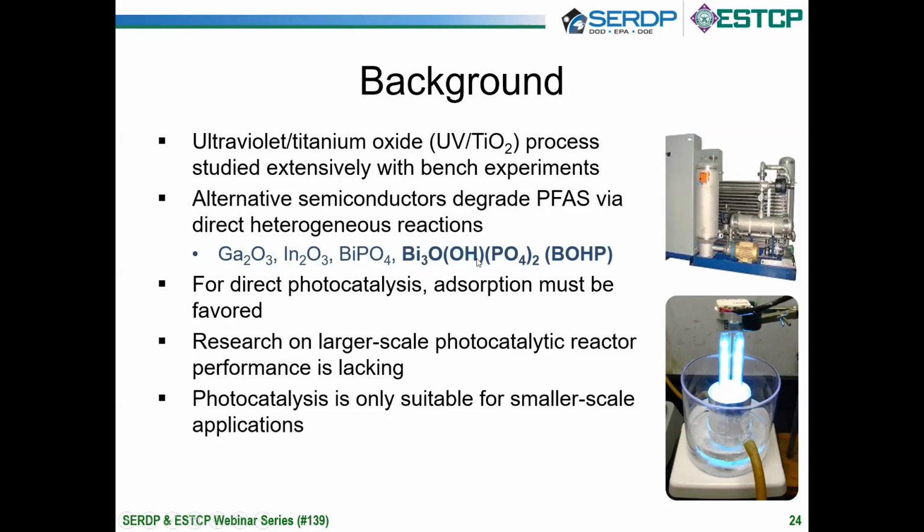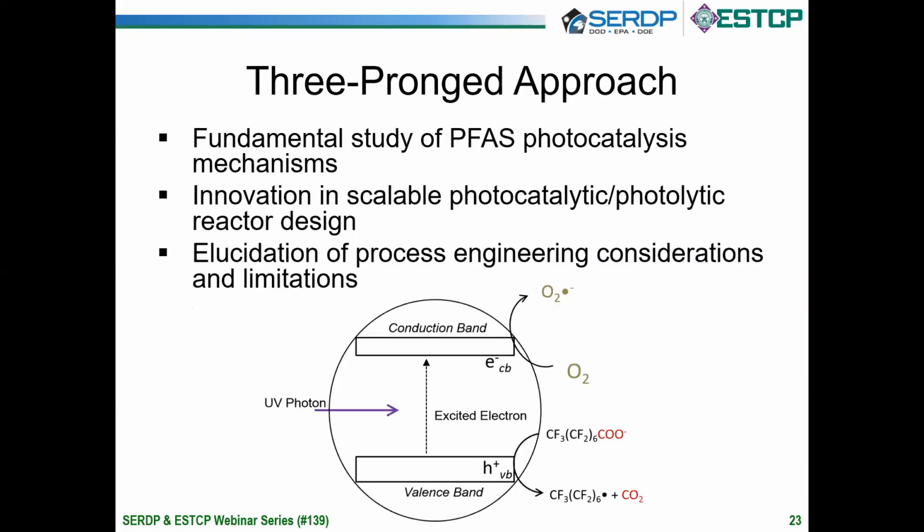All of these utilize what I call a direct heterogeneous reaction, or direct photocatalysis. So they do not rely on generating radicals, but instead, as shown here, we have more direct interaction with the target contaminant. This typically takes the form of particulate semiconductors suspended in water, which are flowed through a UV photoreactor.